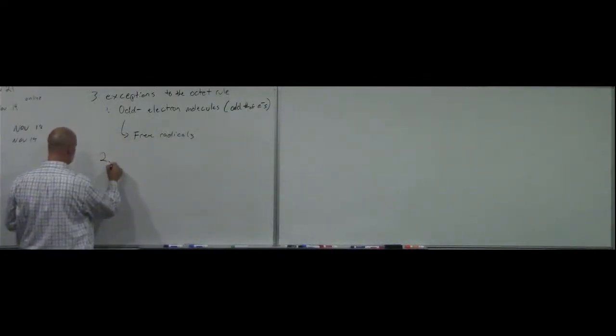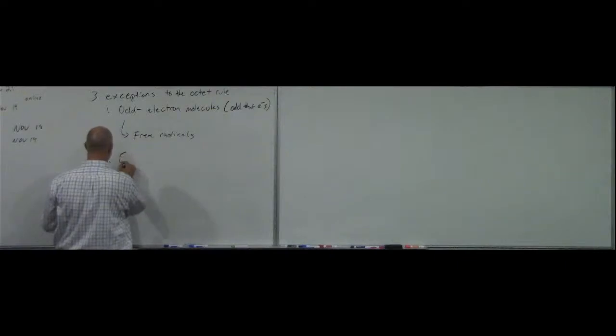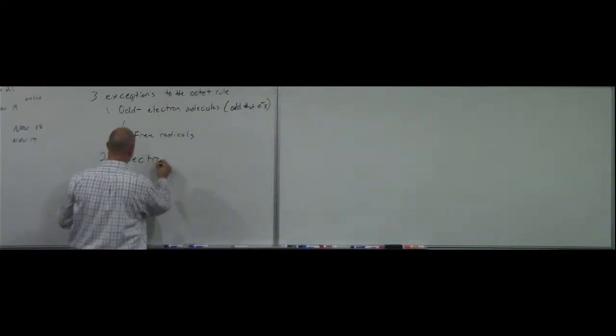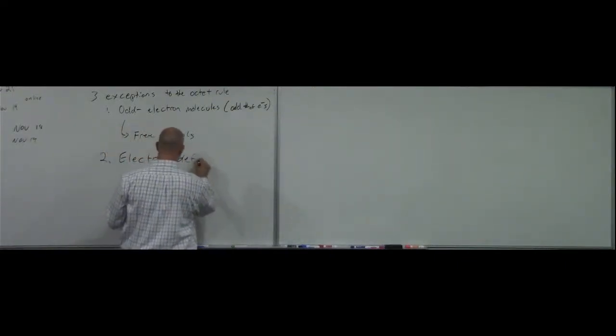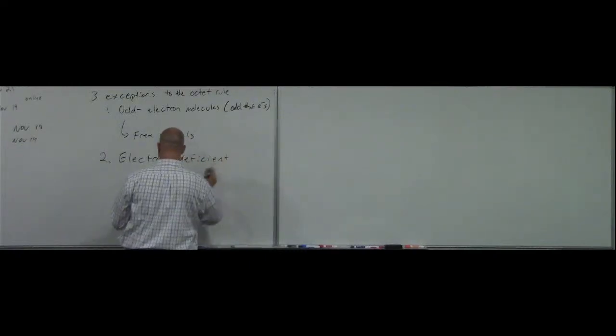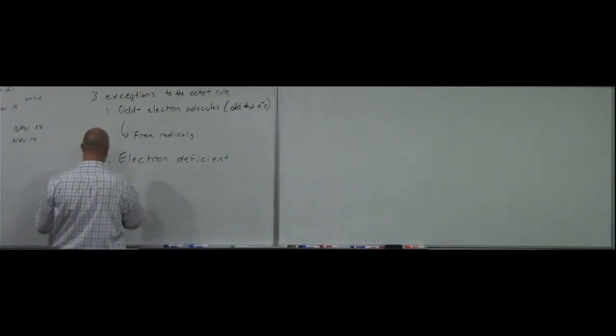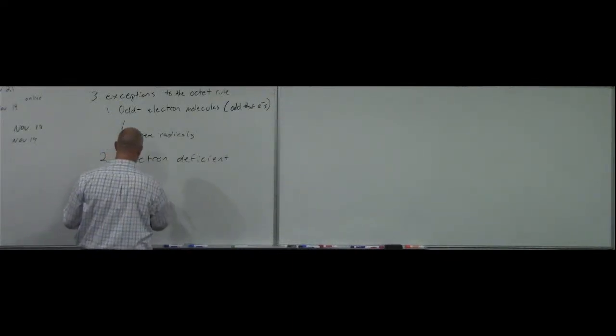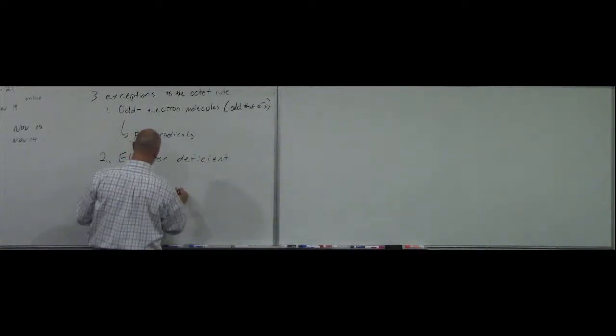Hope you didn't write that too close if you did it, because I messed you up. Electron deficient. I'll give you right now that number 3 is going to be hypervalent. What time do we have? 126. Hey, I'm doing pretty good. Electron deficient and then hypervalent.